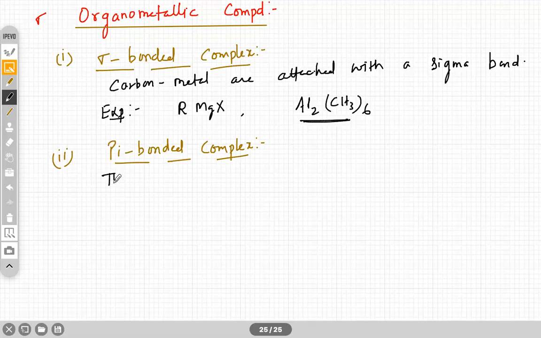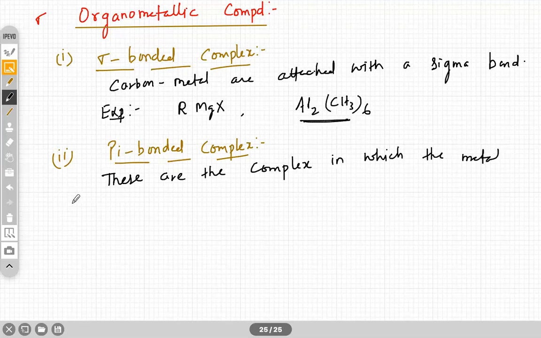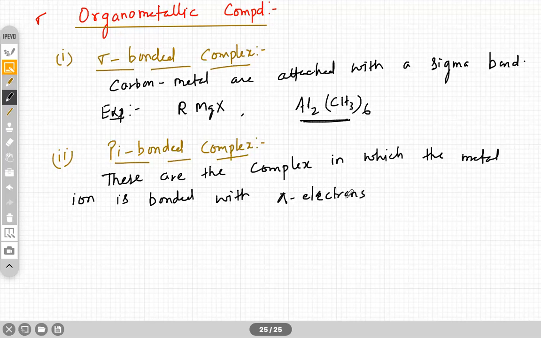These are the complexes in which the metal ion is bonded with pi electrons, and we can have pi electrons of alkene, benzene, alkyne, and any other molecules.